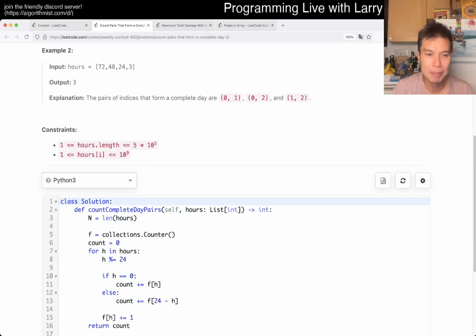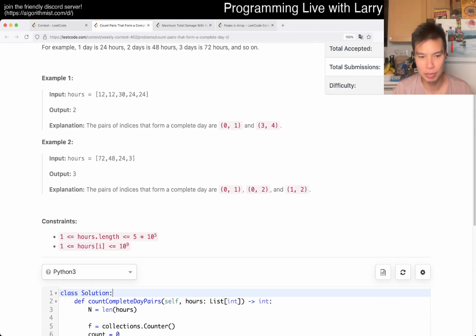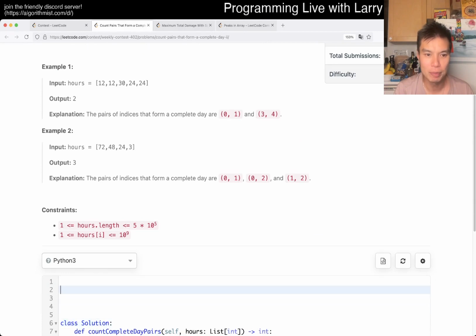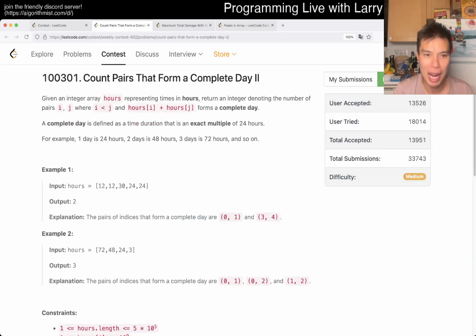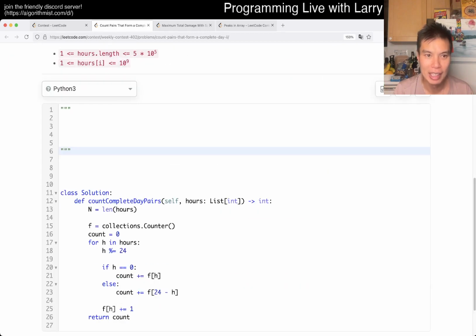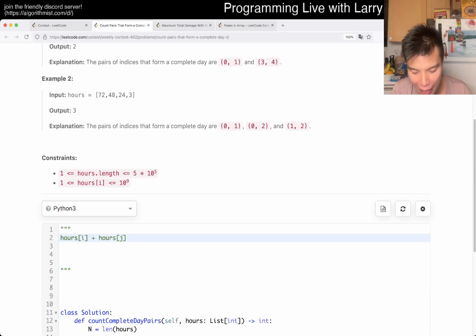But in any case, the idea here is to do some ASCII math. You have some hours of i plus some hours of j, and a complete day is, as we had in Q1, mod 24 equal to 0.